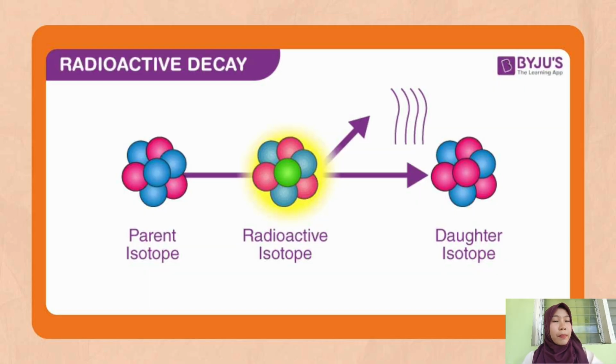So let us remember in radiometric dating or radioactive dating na meron ito siyang parent isotope, which is ito yung mga unstable isotope na nagde-decay sila into more stable daughter isotope, which is why we have an example of carbon-14 that decays into nitrogen-14, because carbon-14 is unstable isotope and the nitrogen-14 is the stable isotope.